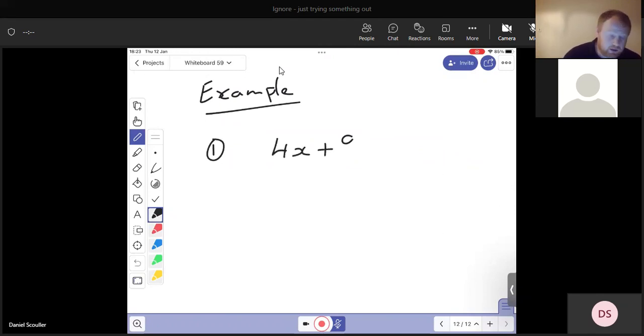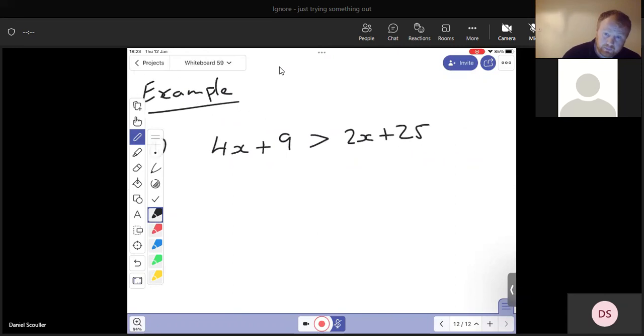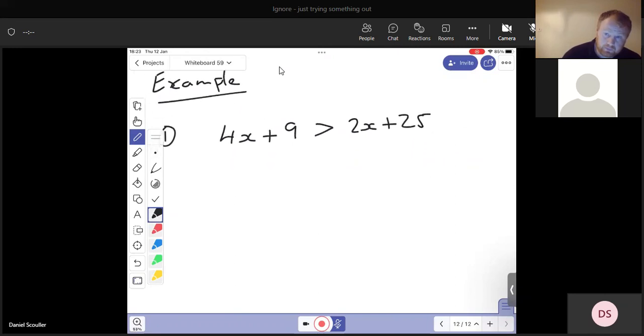We've got 4x plus 9 greater than 2x plus 25. Similar to some of the stuff we were doing on Tuesday, what we want to do is solve for x.